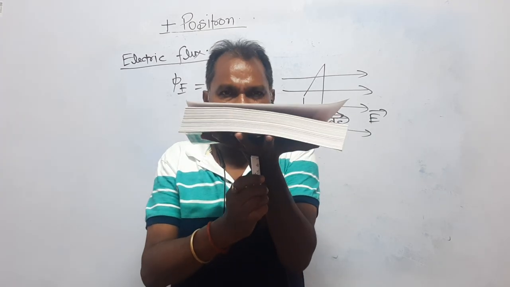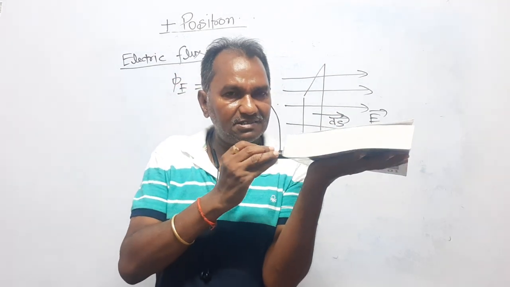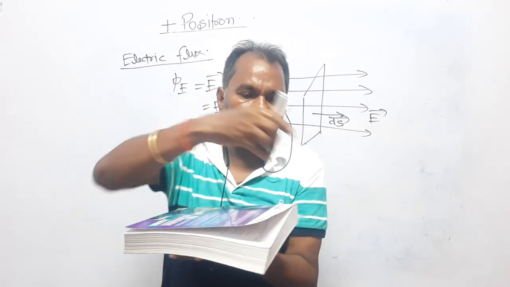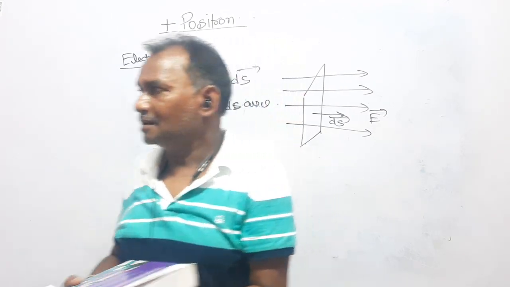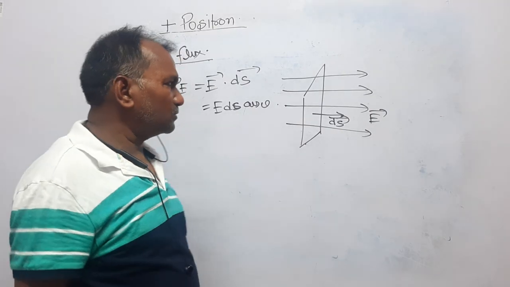It means the area vector is always normally outward.